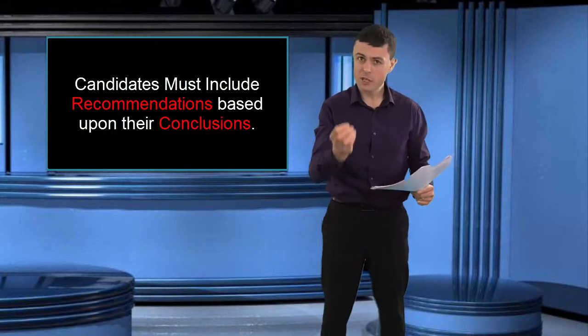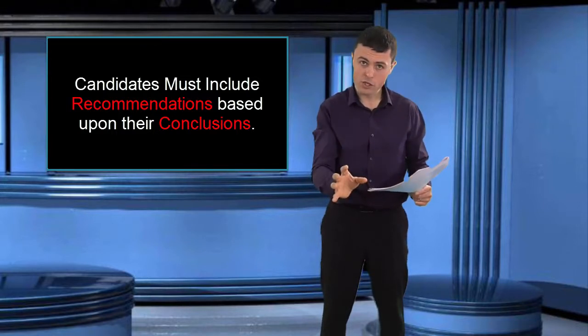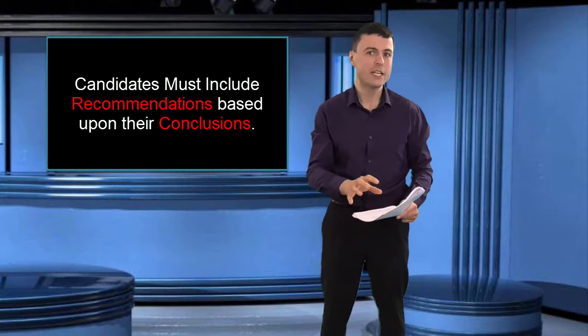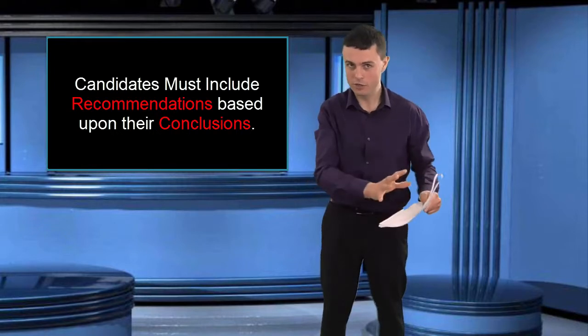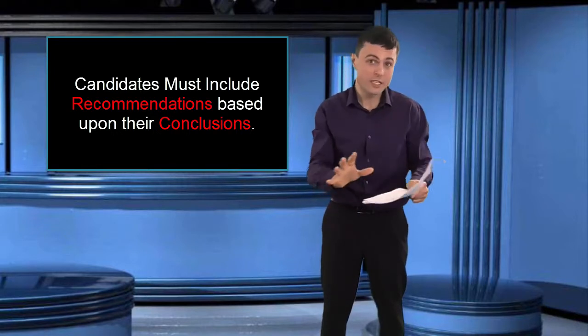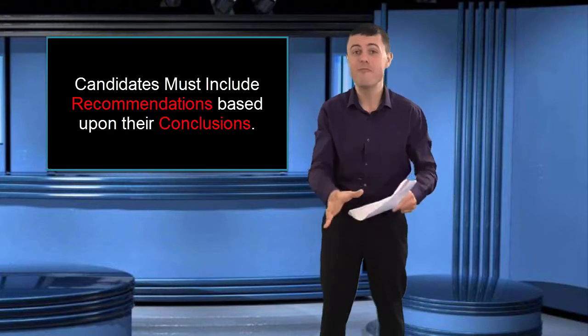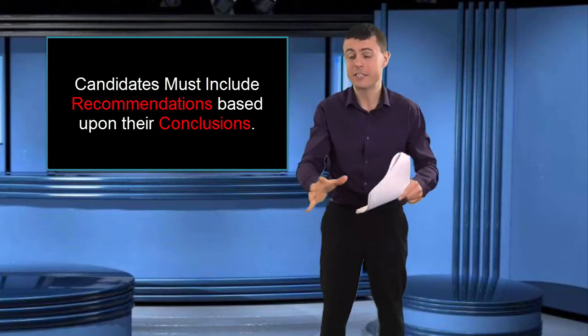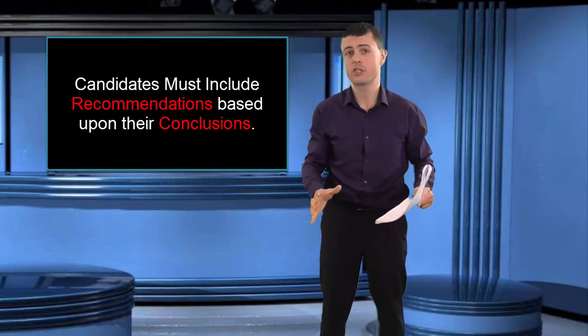That means that you should only make recommendations for the problems you've identified in the conclusions. You don't need to make recommendations for every single hazard you've identified on the observation sheets.